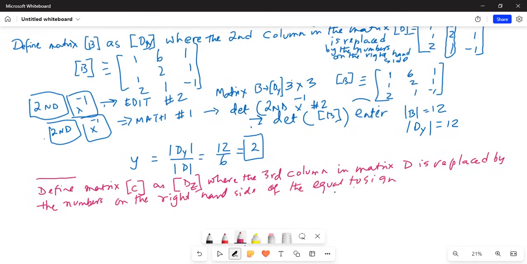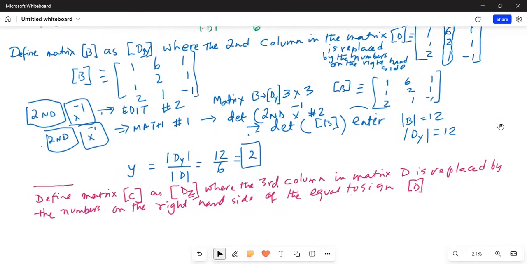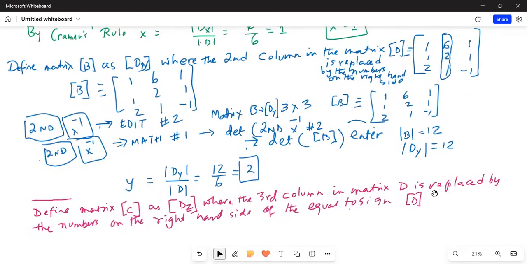So just to remind you again, matrix D, which if I move up a little bit, you can see it is this one. Let me write it here. It is 1, 1, 2, and the original matrix, I have to move up quite a bit.